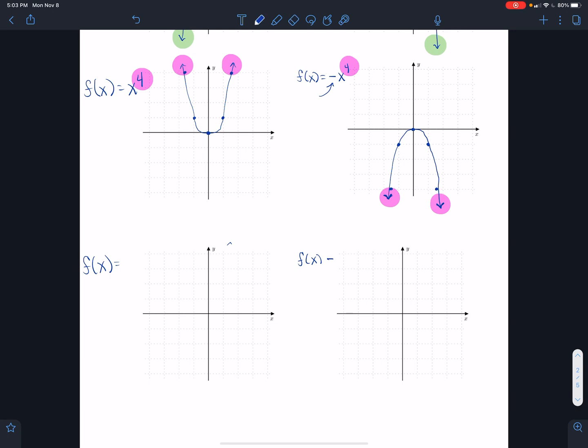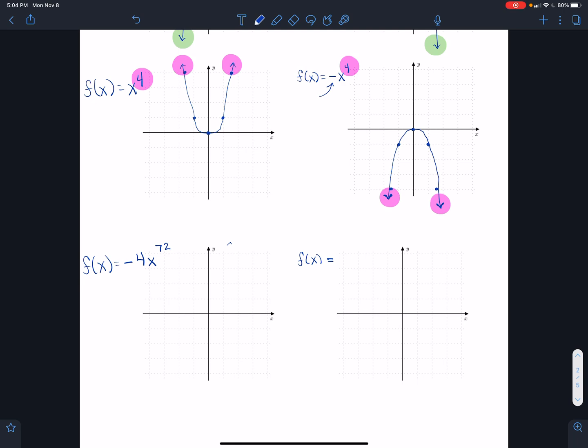Okay. All right, so what if I had negative 4x to the 72nd power? Okay, if it's negative, that tells me that my graph is going to end up on the right side pointing down because it is negative.